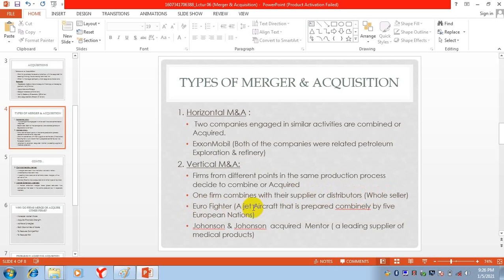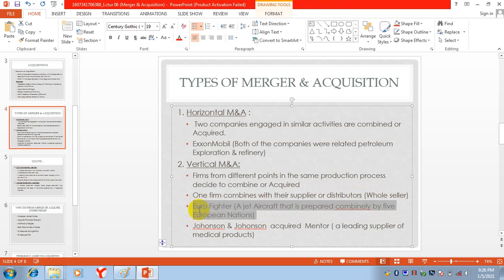Eurofighter, a jet aircraft that is prepared combinedly by 5 European nations. Now, Eurofighter is a jet aircraft, and there is a merger among 5 nations, and they are making it combinedly.